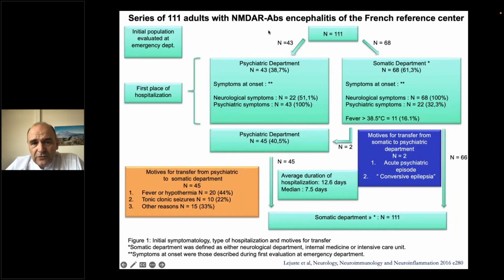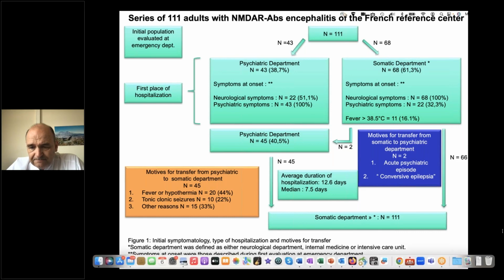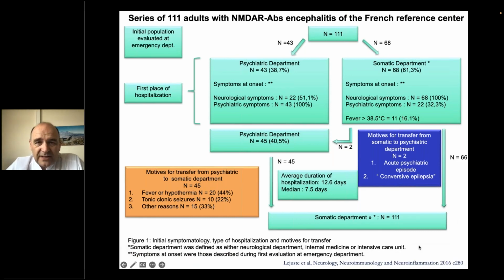What happened for the patients and why they come back to the diagnosis of NMDA receptor encephalitis? You can see that this publication from 2016 of 111 patients, 68 have been managed in somatic department, but 2 of them were oriented after that to psychiatry because of the abnormal behavior.